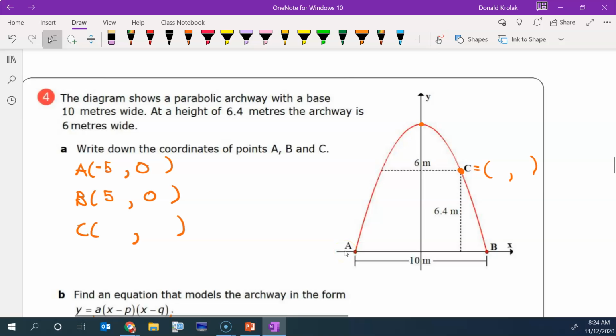Oh, 6.4. Okay, so remember, from here to B is 5. So this can't be bigger than 5 right here.